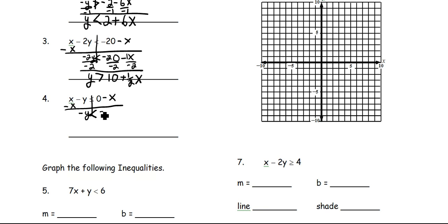So negative y is less than or equal to negative x. We're going to divide by negative 1 because that would be the coefficient if there was one. Remember, when you divide by a negative, you must change the inequality sign. So now it becomes a greater than or equal to. Y is greater than or equal to x.